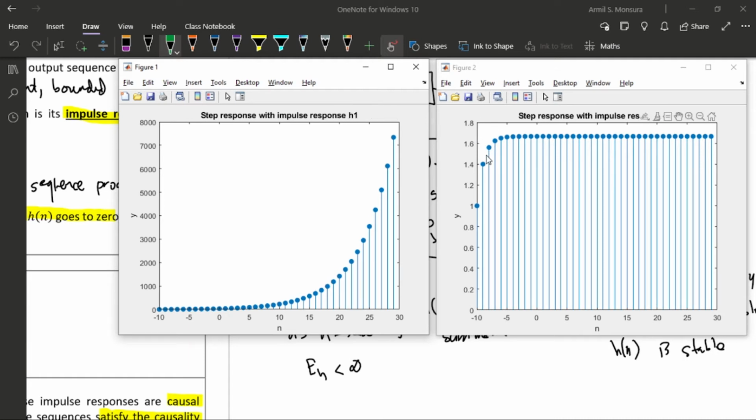While for H2, okay, as you can see, for your H2, we see that nag-approach siya ng certain constant value. Yung output natin, this is the output. Okay, yung output natin approaches a certain constant value given that your input also approaches a certain constant value. So bounded yung input mo, bounded din tong output mo. So we say that the system represented by H2 is BIBO stable.